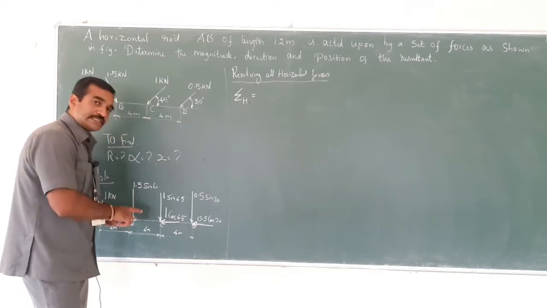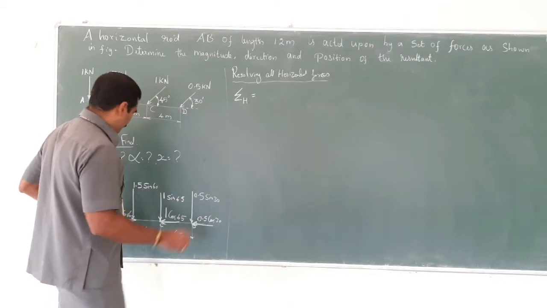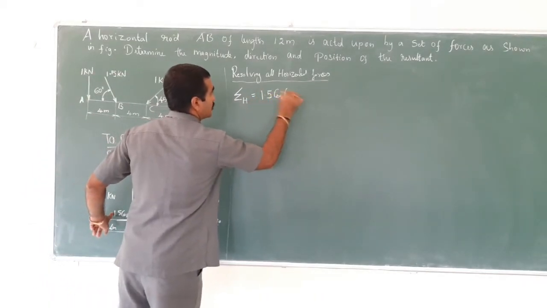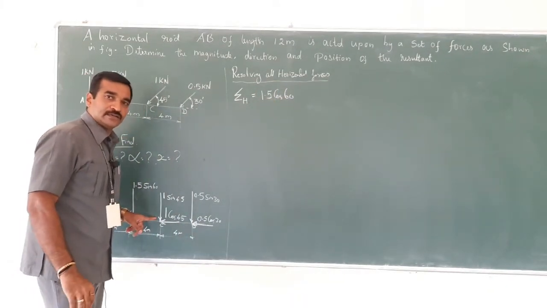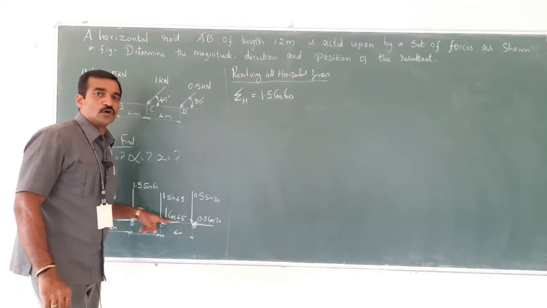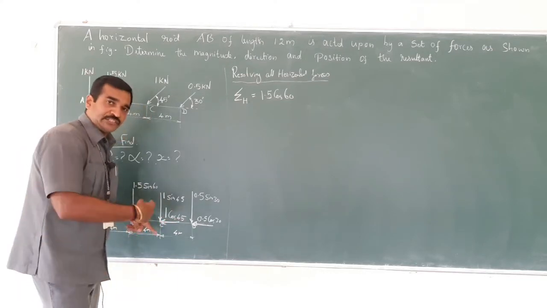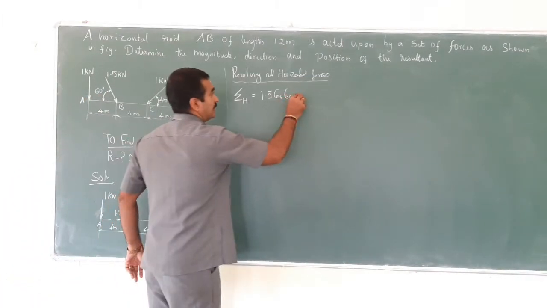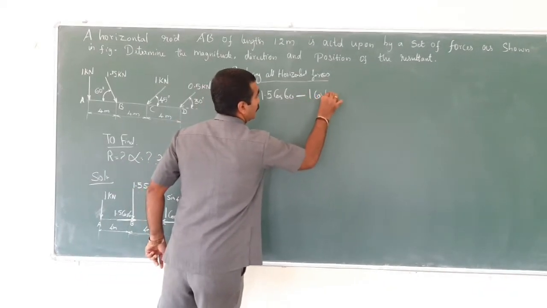This force is acting towards the positive x direction, therefore, which will have the positive sign 1.5 cos 60. So in the C point, again your force is there, that is the horizontal force of magnitude 1 cos 45, but it is acting in the negative x direction. So therefore, which will carry the negative sign of the magnitude 1 cos 45.